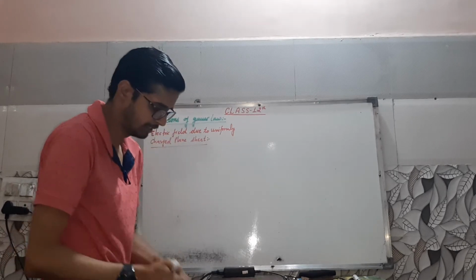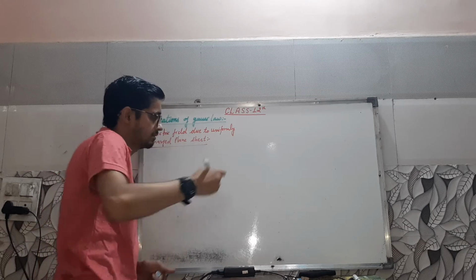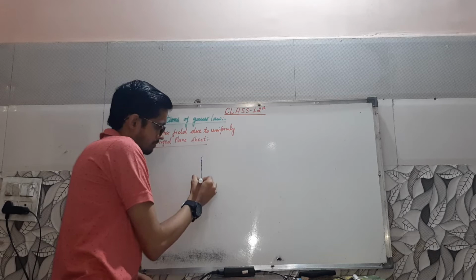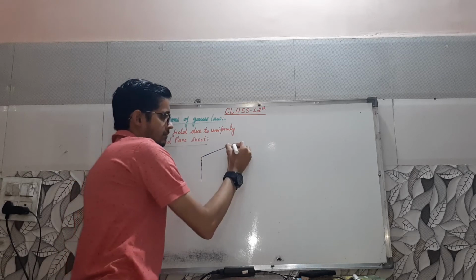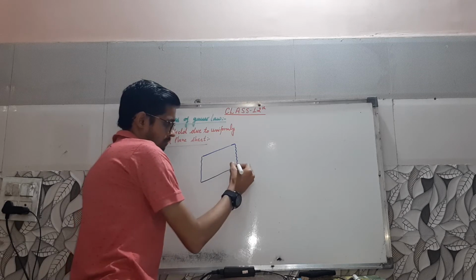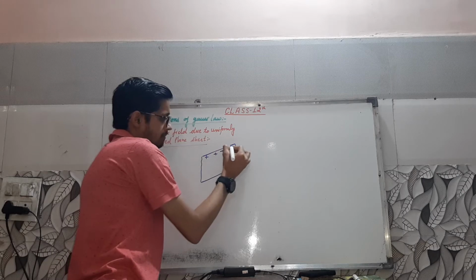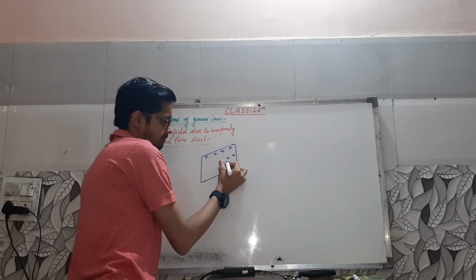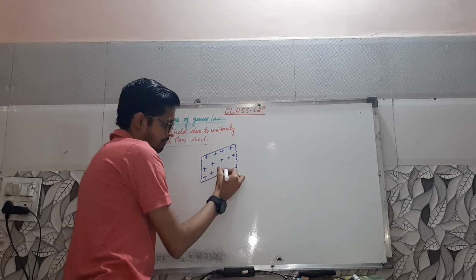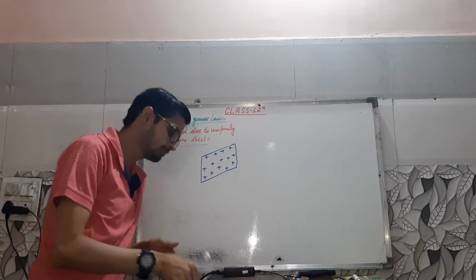Here, let us suppose we have a sheet that looks like this. Now make a Gaussian surface again.